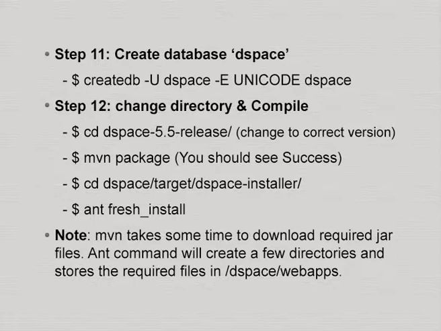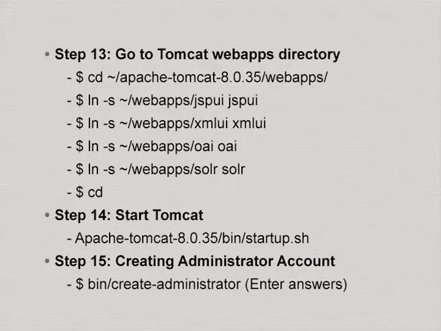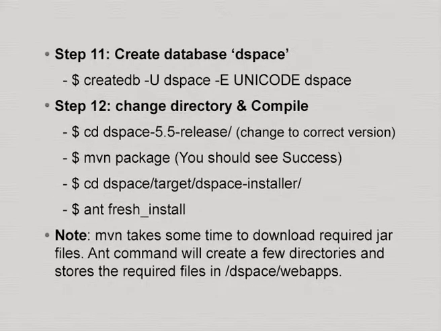This is the directory which was created by Maven, because once Maven creates these directories, that means it is successfully compiled. Now, you only have to do a little more extra job of installation. So, go to step 13. Once it is compiled, you have to run the command ant fresh_install.